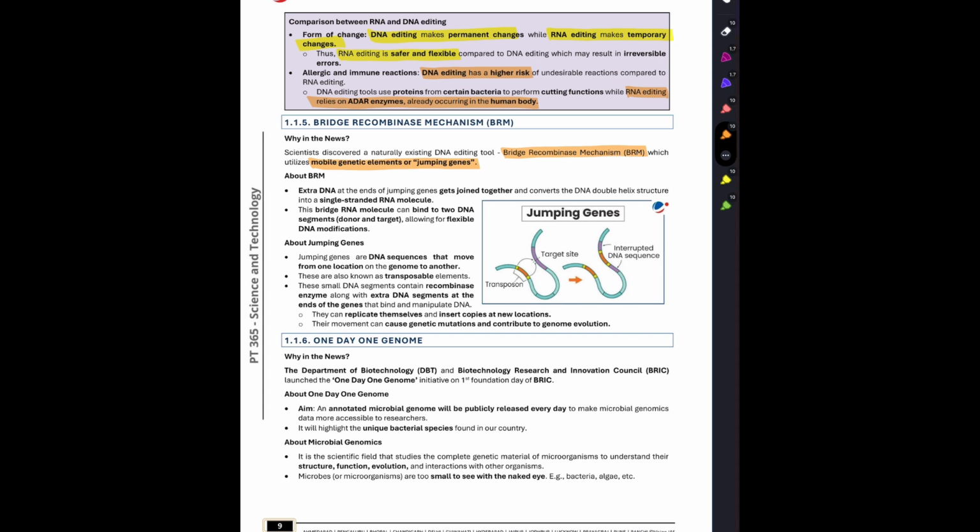In BRM, extra DNA at the ends of jumping genes gets joined together and converts the DNA double helix structure into a single stranded RNA molecule.